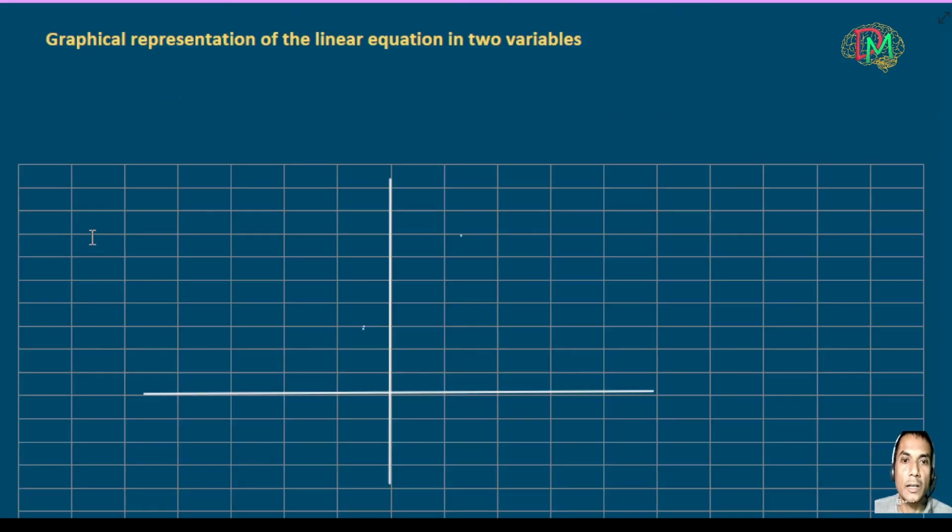Next we learn the graphical representation of a linear equation in two variables. Let's take one example: 2x plus 3y is equal to 12. How can we plot this on graph paper?